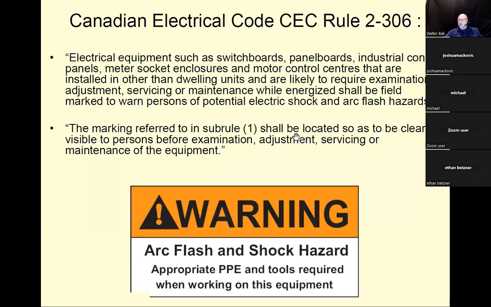Now, Canadian Electrical Code, CEC Rule 2306: electrical equipment such as switchboards, panelboards, industrial control panels, meter sockets, enclosures, and motor control centers that are installed in other than dwelling units. Dwelling units are apartments, places that people live.